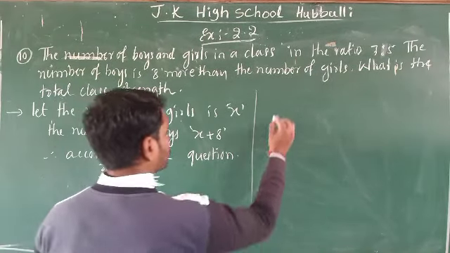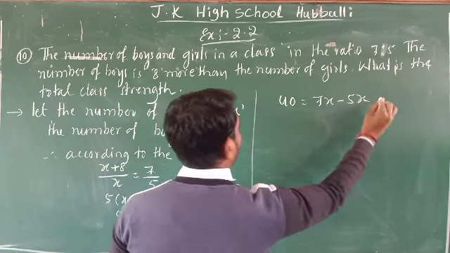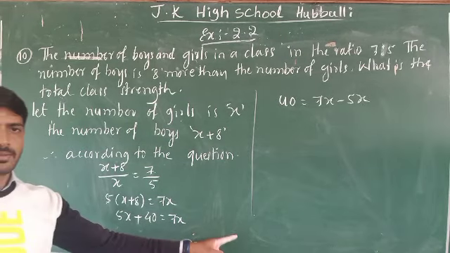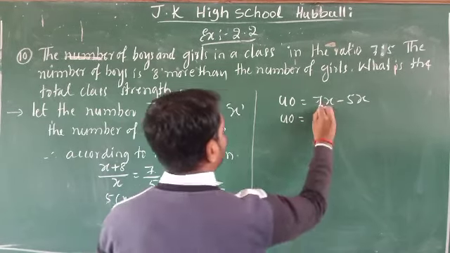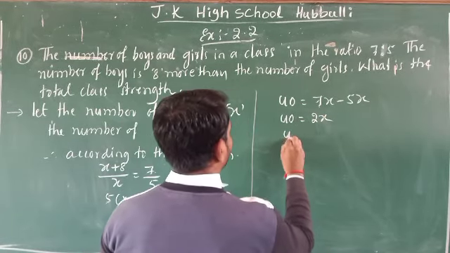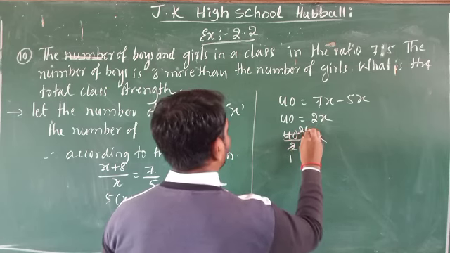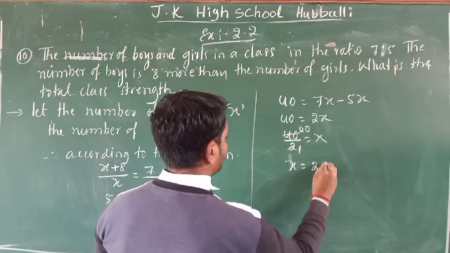Next, 40 is equal to 7x minus 5x. Bring this 5x from the left hand side to the right hand side. Next one, 40 is equal to 2x. 40 divided by 2 is equal to x. 2 1s are 2, 2 20s are 40. Correct?